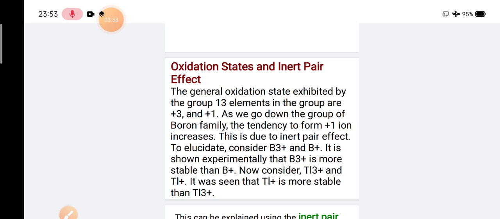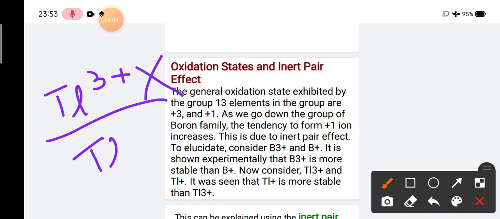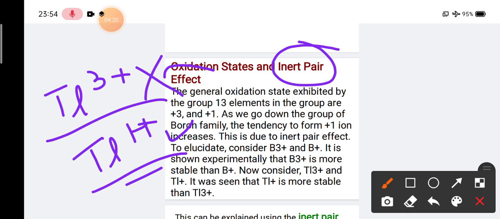In the case of group number 13, thallium shows anomalies, that is some differences. In the case of thallium, 3 plus is not so stable, but thallium plus 1 is highly stable. So why is it happening and what is the root cause of that? To explain this, we need to understand the inert pair effect. What is inert pair effect?